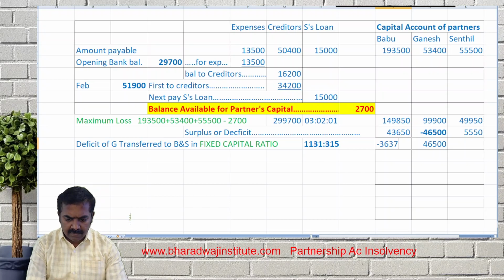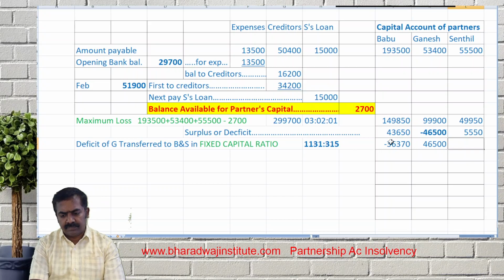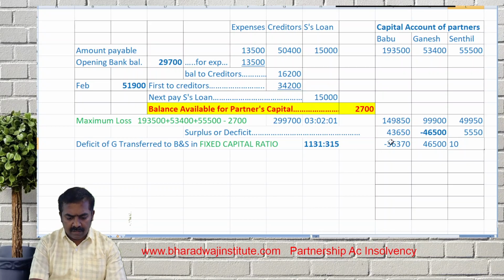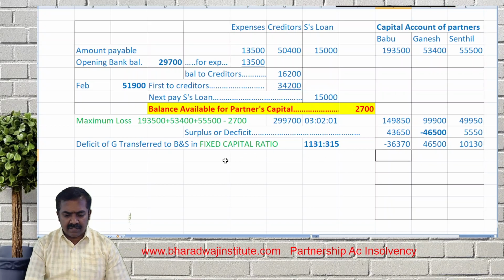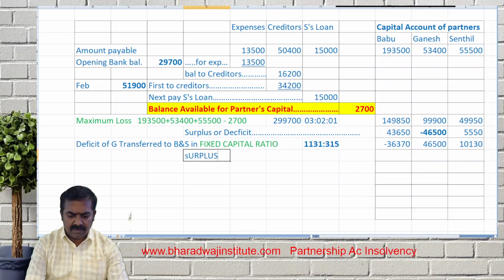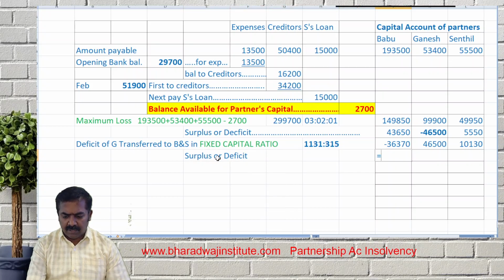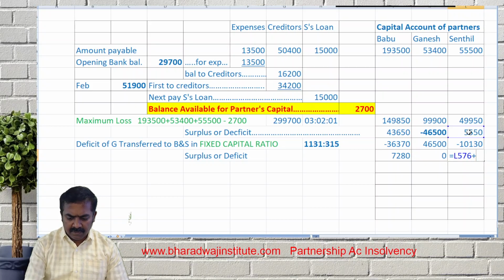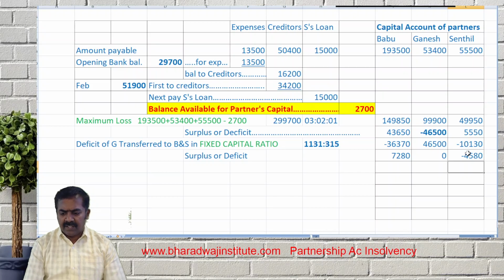Now he has a deficit. So 43,650 minus 36,370, you will get 0. The last partner's 5550 minus this will become 4580.